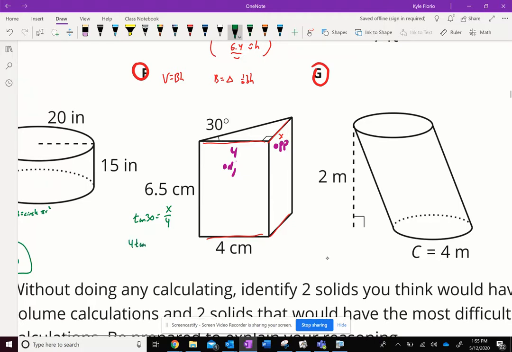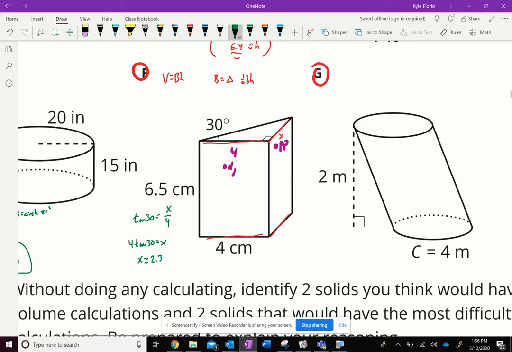So I'll get 4 times tangent 30 equals x, and then plug that into your calculator. I think that's 2.3 times 4, right? Tangent 30 times 4. Yeah, I'm getting about 2.3 here. It's not exactly 2.3, but x is going to be about 2.3.